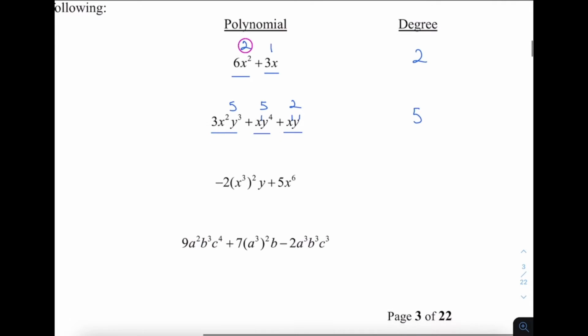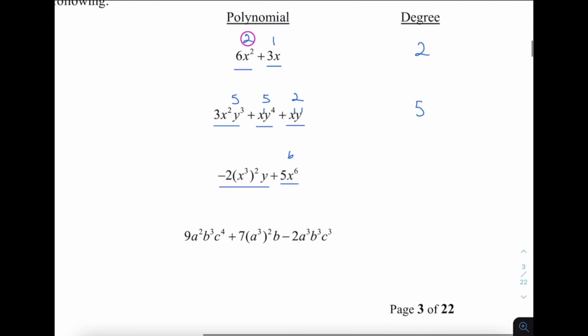All right, so okay, in this monomial, the degree is obviously 6. Here, I actually have to use my exponent laws from Unit 1 to help me. So I know that if I simplify this, this becomes negative 2 x to the power of 6, y to the power of 1. And if I add those two together, I get 7. The degree here is 7.